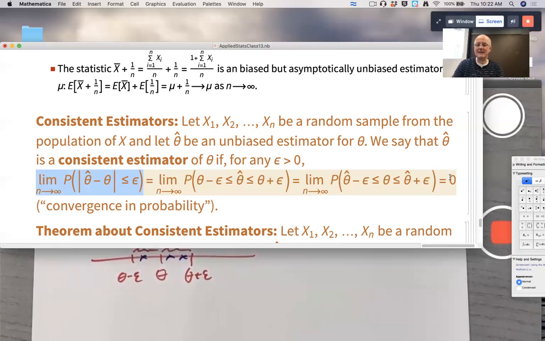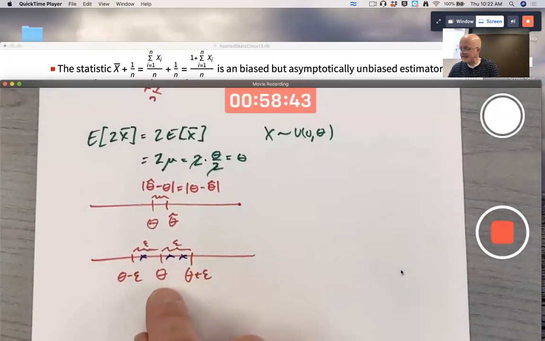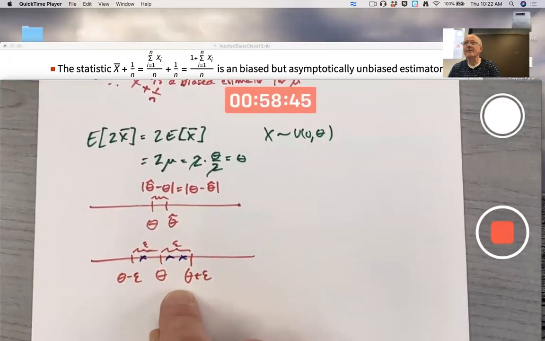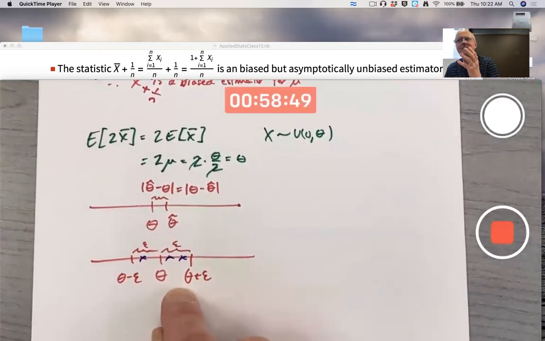Bad typo, in fact. It goes to 1, not 0. For any fixed epsilon, to say theta hat is consistent means it's good, right?